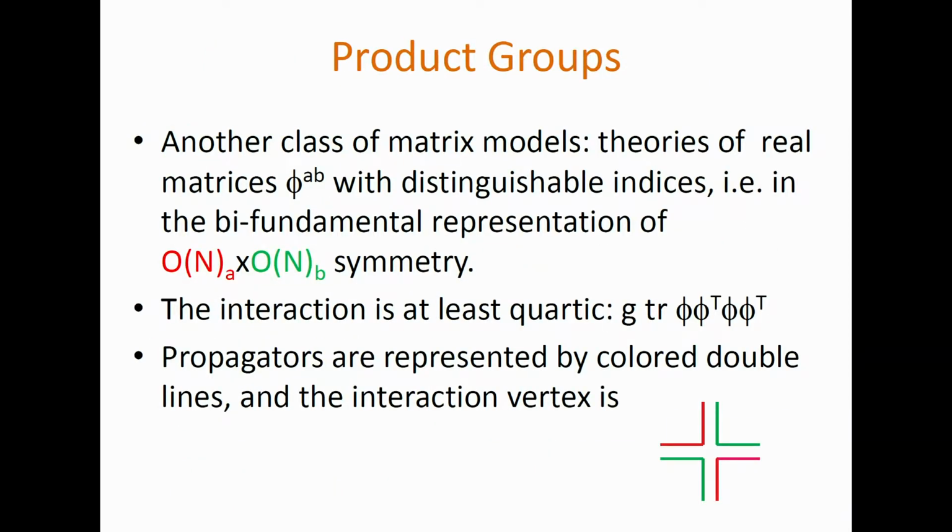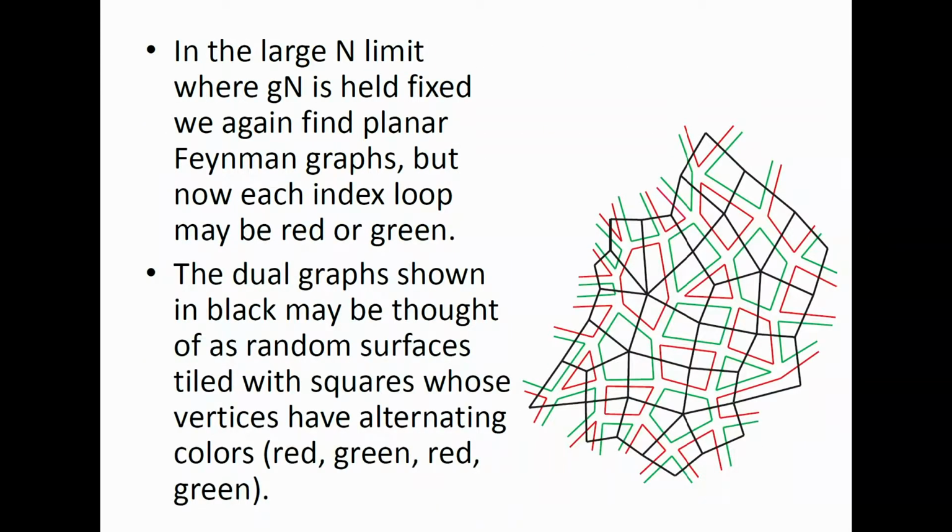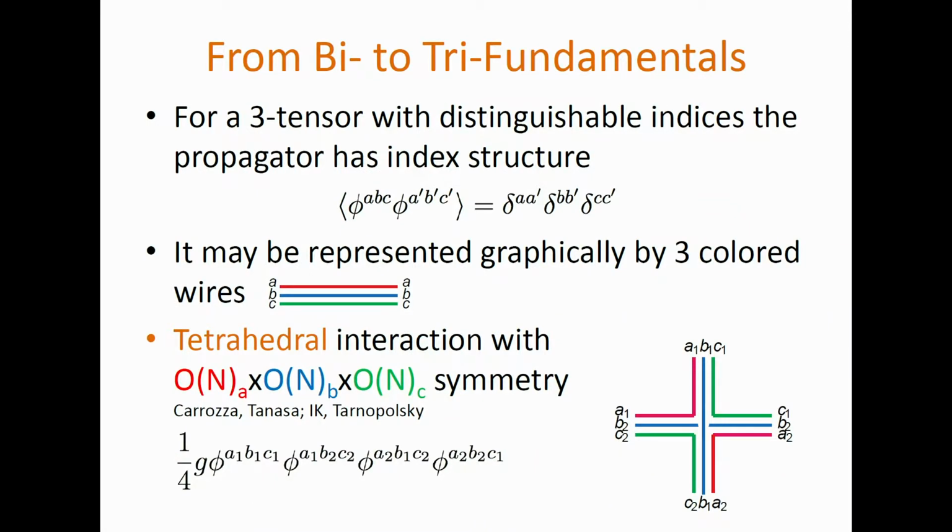So now I want to recap a little bit the really new stuff that I'm talking about here, which is the tensor models. For the tensor models, the idea of coloring is very similar. So now you have a rank 3 tensor, phi ABC, and the two-point function just has a product of these delta functions.